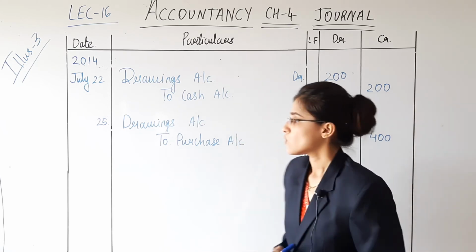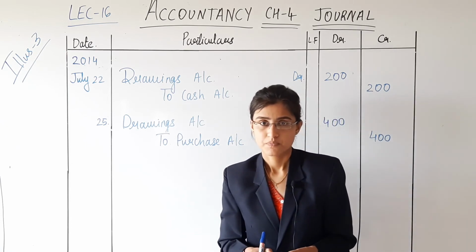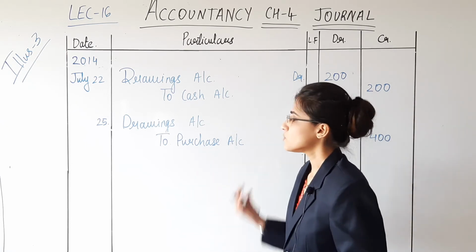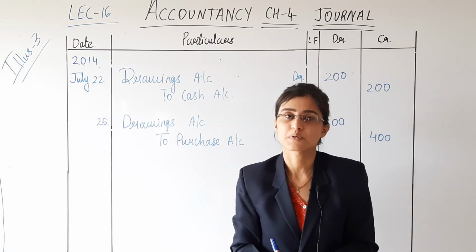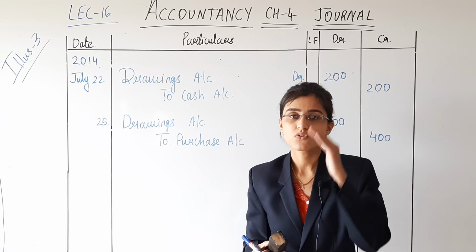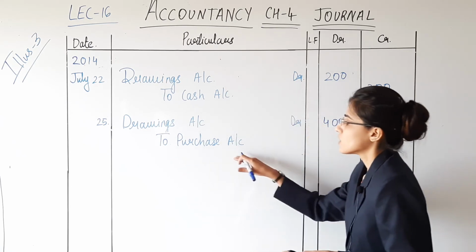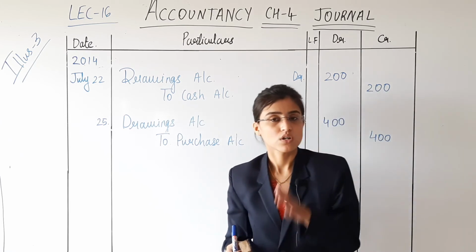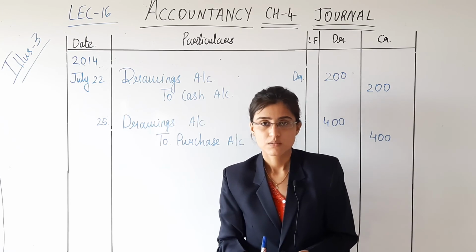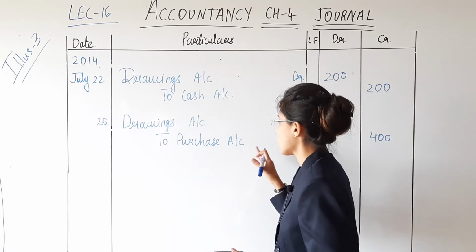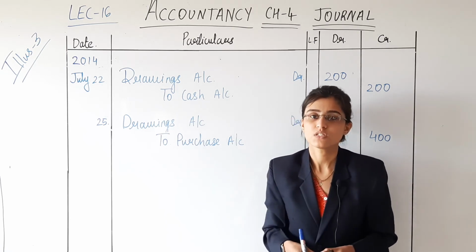So if the owner has purchased goods, he is purchasing goods for the sale of it, isn't it? Now if the owner will withdraw goods from the goods that he has purchased, definitely the amount of purchase is going to decrease. That's the reason we are going to credit purchase account during the personal withdrawal of goods. Yes, purchase account is credited also in some other cases that you will get to know in the illustrations ahead.